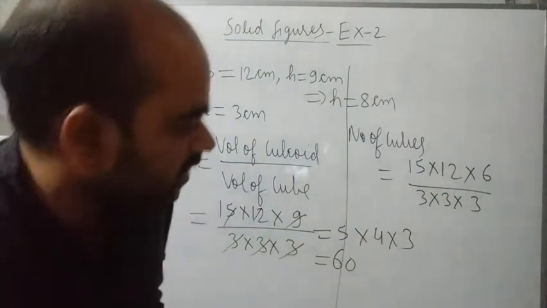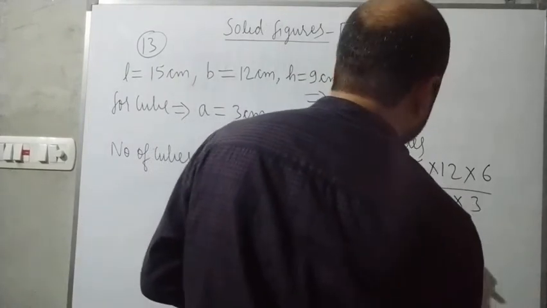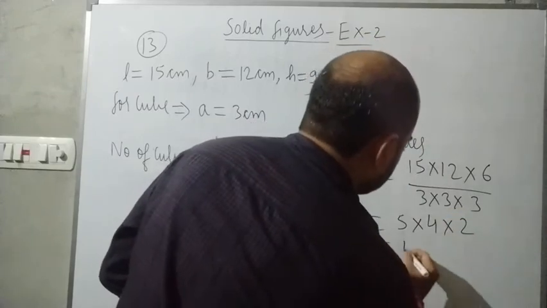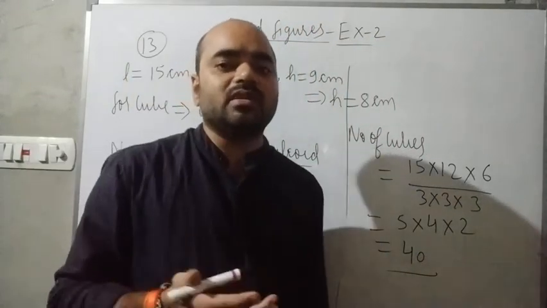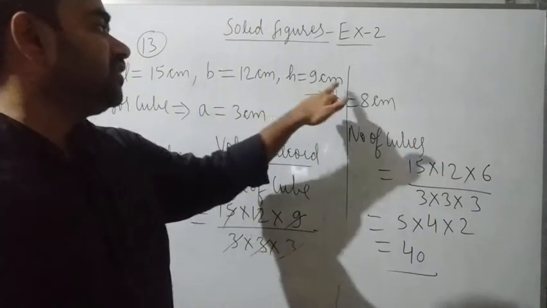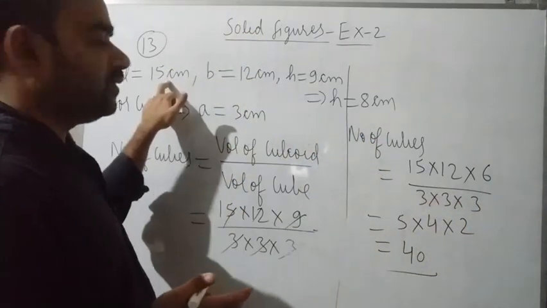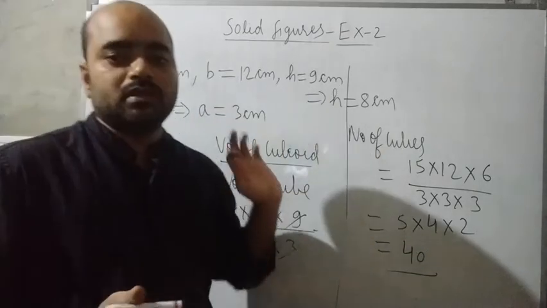Correct? Then what is the answer? The answer, after cancelling, is 5, 4, 2. It means 40. Understood? It means, actually, what is the real concept? We are dividing each dimension by the edge and we are multiplying. 15 by 3 gives 5, 12 by 3 gives 4, and here 3.